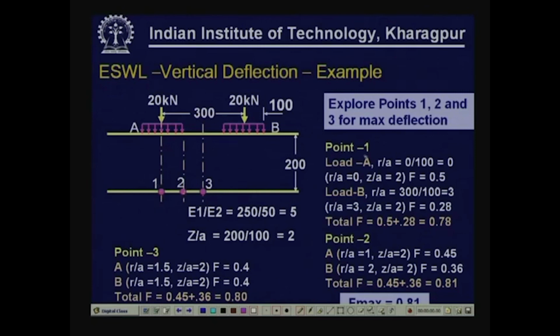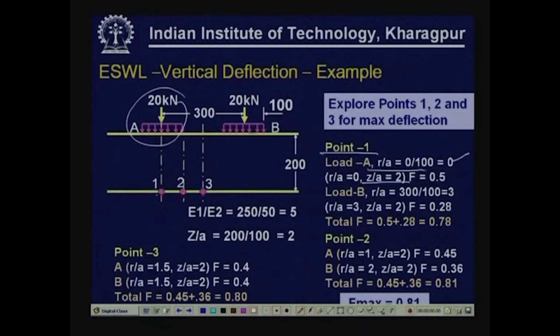So, for point 1, for load A, radius is 0, so R by A is 0, Z by A is 2, that is 200 by 100, that is 2. So, the deflection factor corresponding to this load at this point can be obtained using the chart.